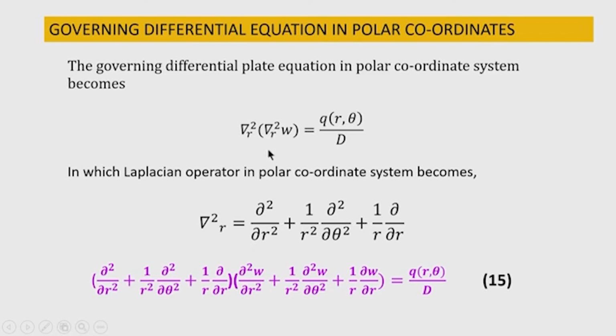So, when it is operated on this function, the Laplacian of W, we get the full plate equation. You can write it in this form, and then after operating you will get the fourth order differential equation of the plate. Okay.